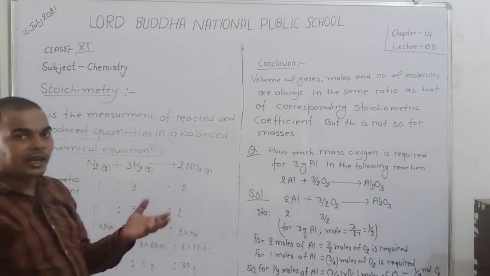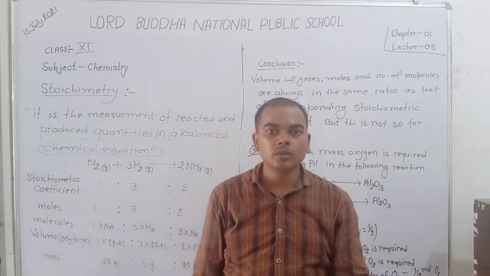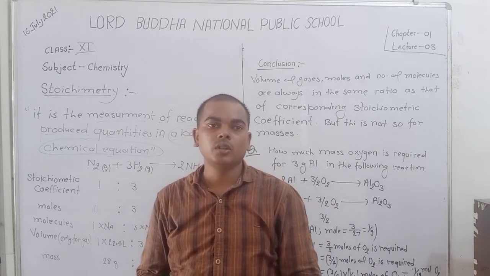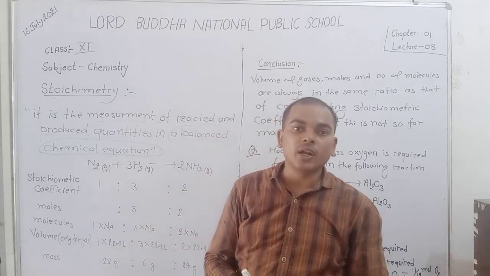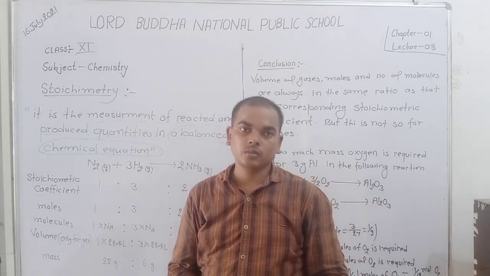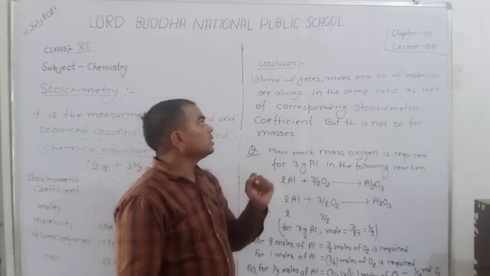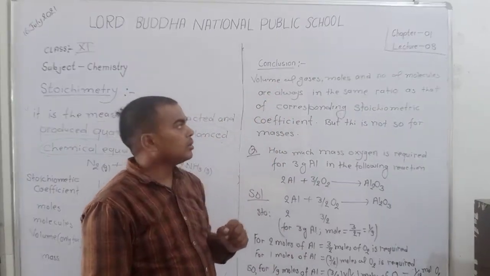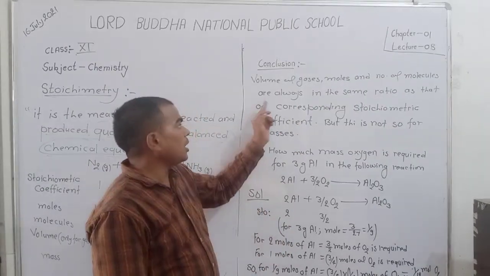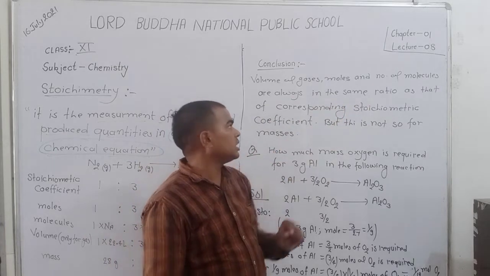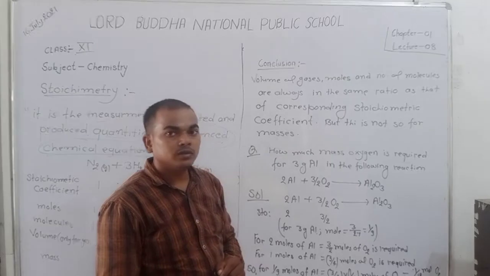So for any question, if mass is given, you first calculate the moles, because mass is not included in the stoichiometric coefficient. The conclusion is that the volume of gases, moles and numbers of molecules are always in the same ratio as the corresponding stoichiometric coefficients.